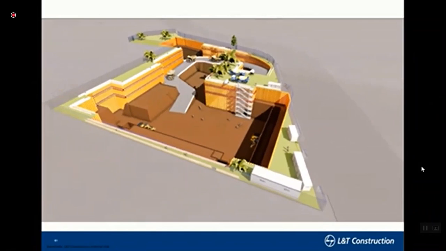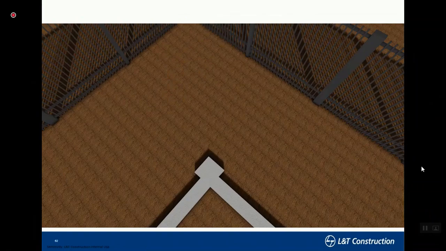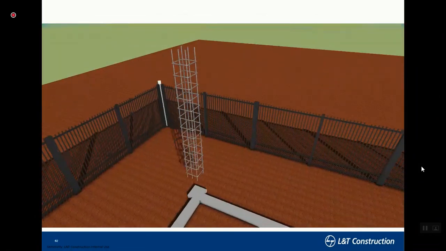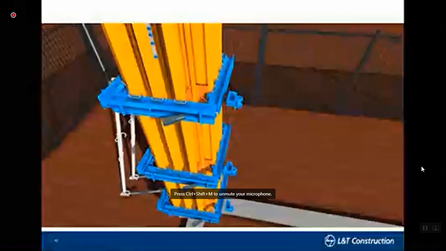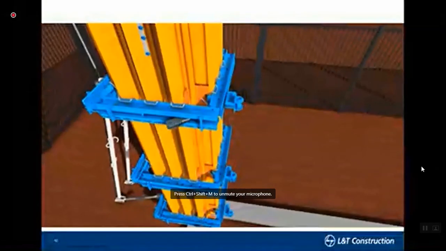So basically, what I am doing here is I am starting from scratch. In fact, we can digitally build an entire structure before it is actually physically built. If you see here, not just that, we can work with various teams and bring all the facilities together.